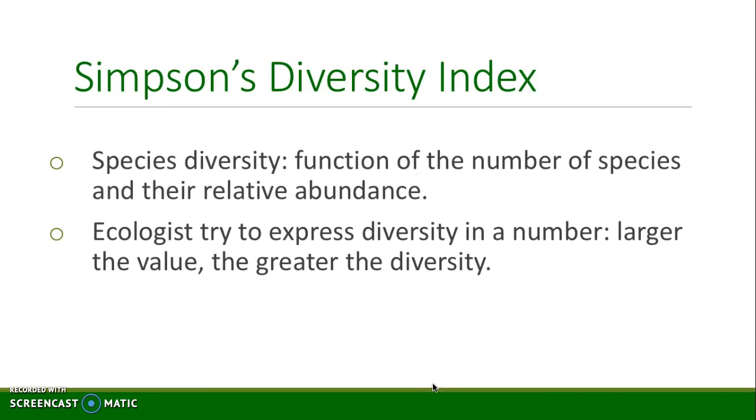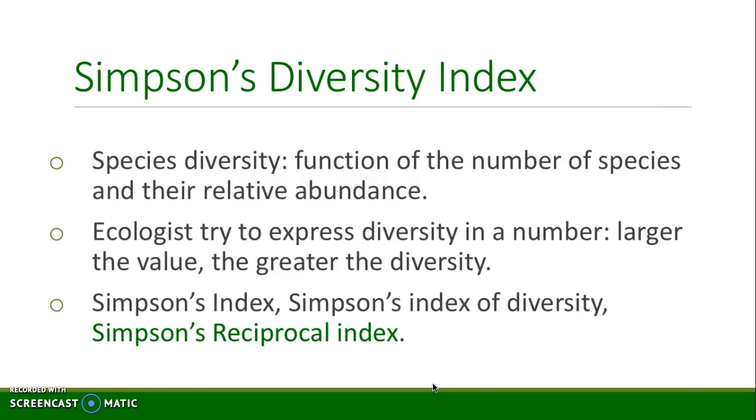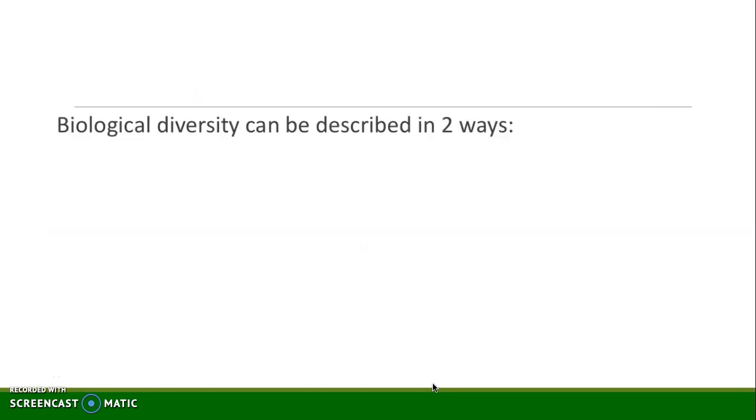So now we're going to look at diversity. Diversity is about multiple species, not just one species. So diversity is about the quantity, the number of different species, and how many organisms there are of each species. Just so you know, when we're doing the calculation, the larger the number value, the greater the diversity.